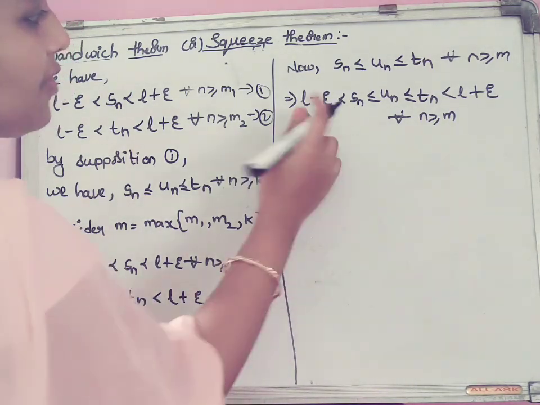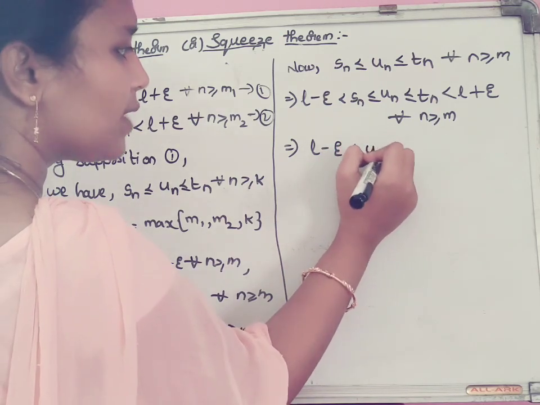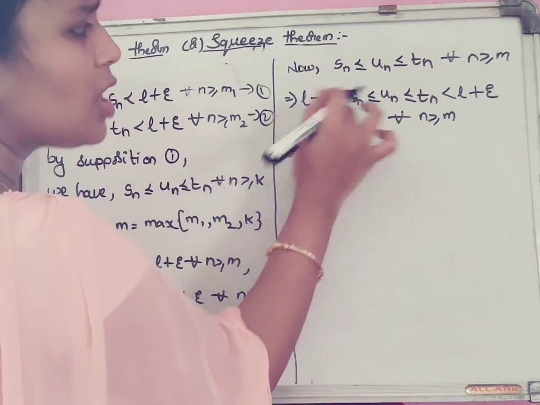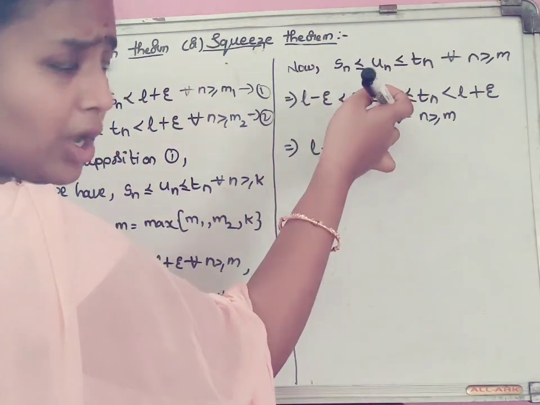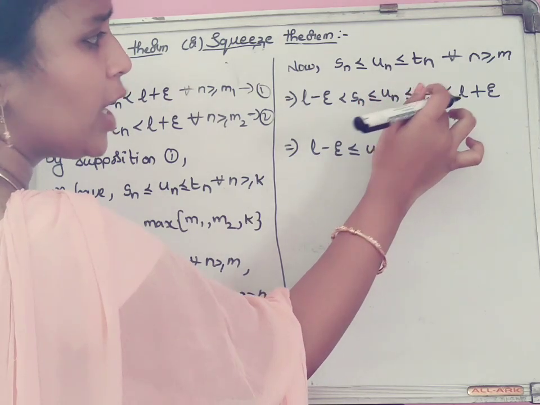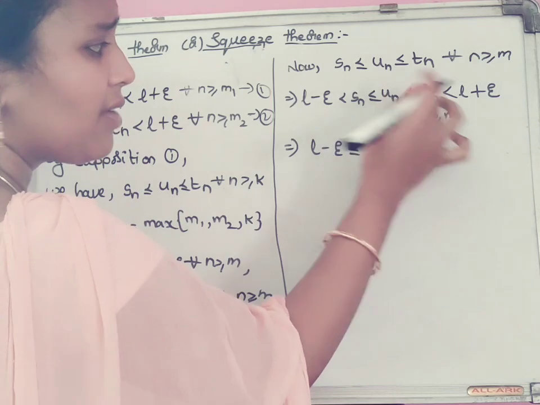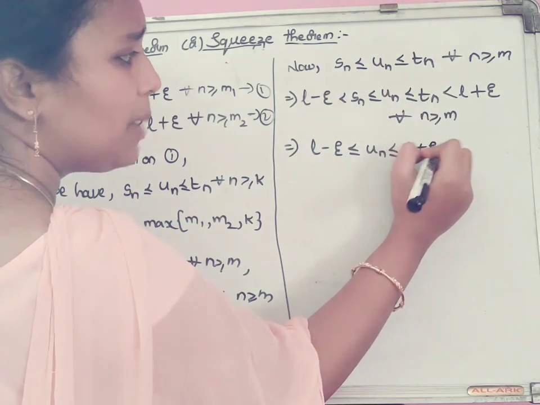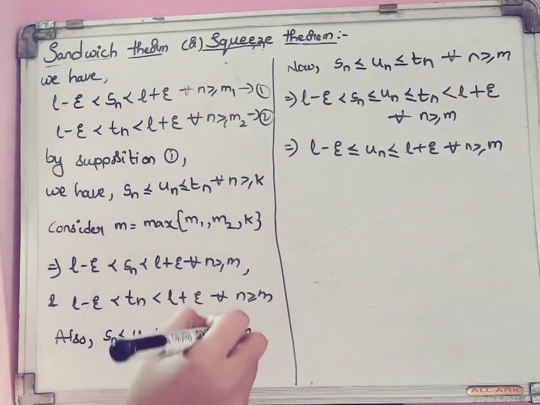From this condition, we can write L minus epsilon less than or equals to Un. L minus epsilon less than Sn. So, L minus epsilon also less than or equals to Un. Similarly, Un less than or equals to Tn. Tn always less than L plus epsilon. So, from this we can write Un less than or equals to L plus epsilon for all n greater than or equals to m.